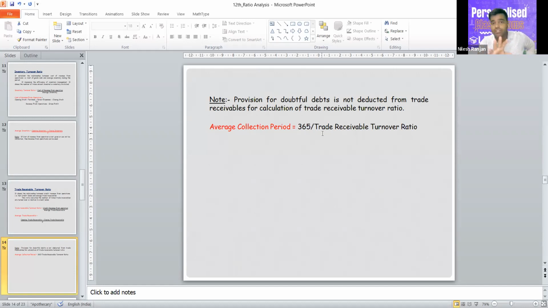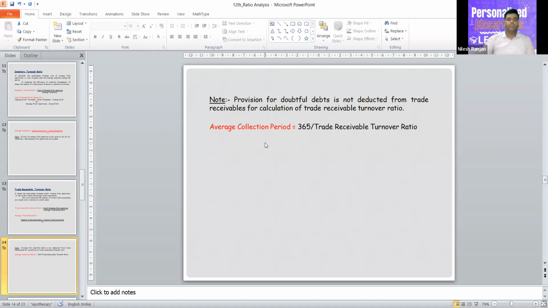We don't deduct the provision for doubtful debts. The formulas for receivable turnover ratio and average collection period are already mentioned here. Is there any confusion in this? No. Okay.